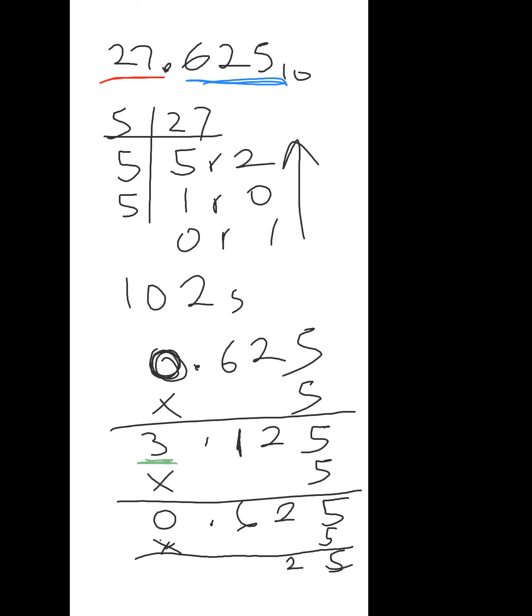Then 30 plus 1, that's 31. So we can see that it is a repeating number, 303030. That's what we'll continue to get. So now we underline all these numbers, and those are the numbers we are going to write down. So it's going to be 102.303 base 5.